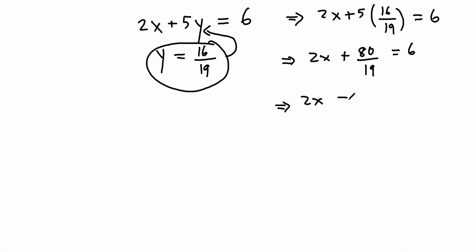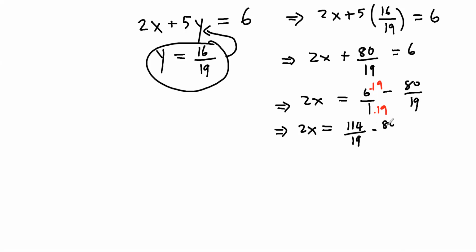And 2x equals 6 minus 80 over 19. And there's going to be a 1 here under the 6. Then we can find the least common multiple of the denominators, which is 19, so multiply top and bottom by 19. Now we have 6 times 19, which is 114 over 19, minus 80 over 19, and this will just be 34 over 19.